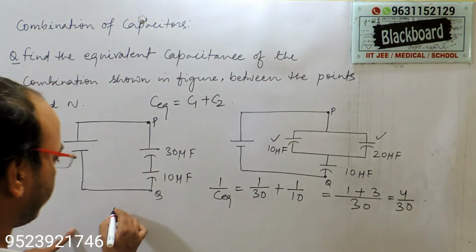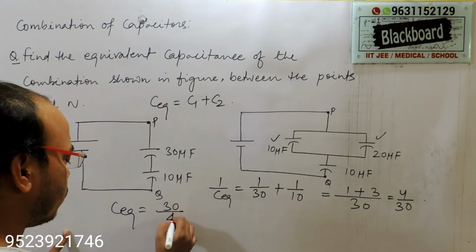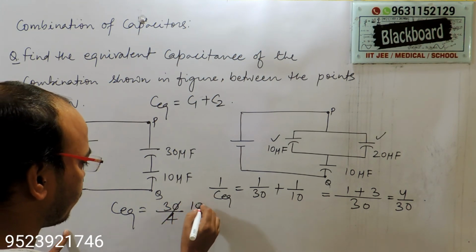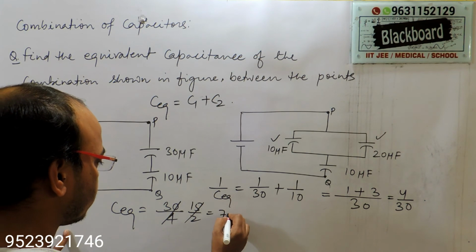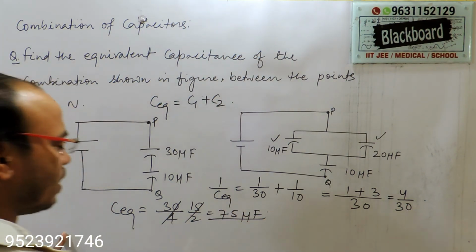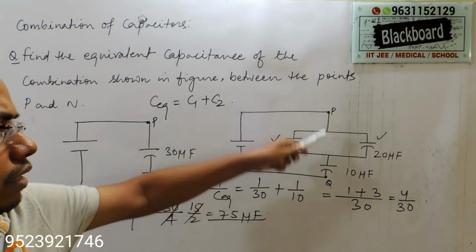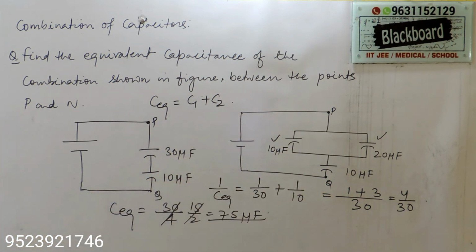That means C equivalent is equal to 30 by 4, that means 15 by 2, that means 7.5 microfarad is the equivalent capacitance between P and N of this circuit. Here equivalent capacitance is 7.5 microfarad.